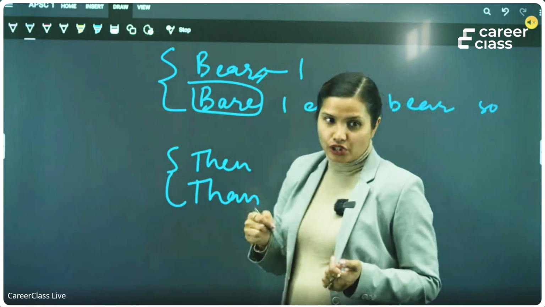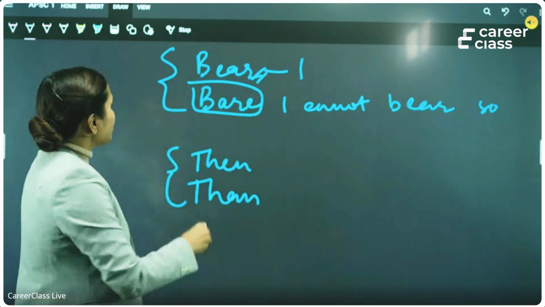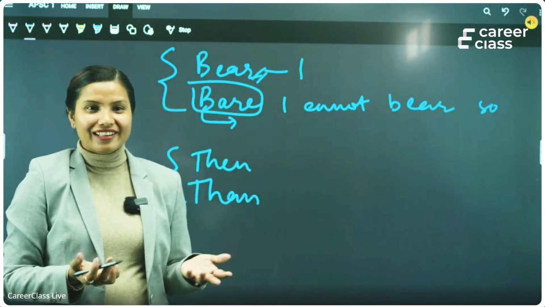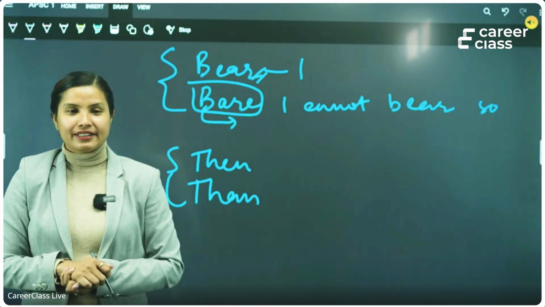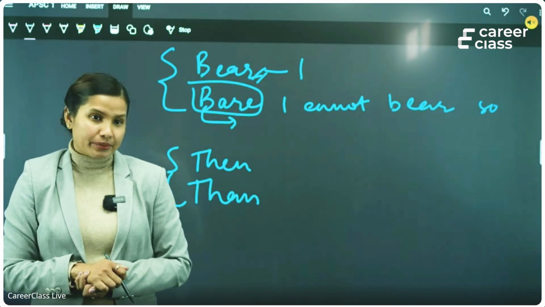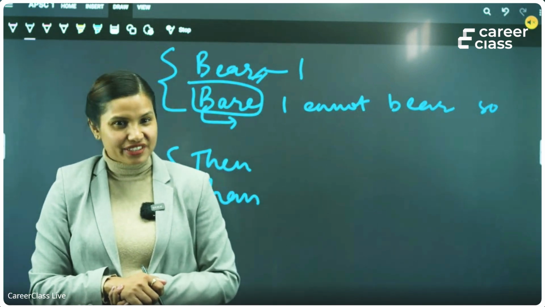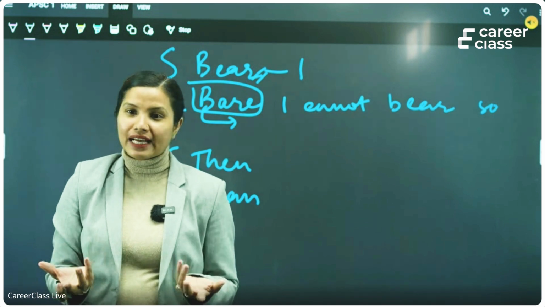Someone's torture or someone torturing me. Okay, what about bare? Bare means empty. How will you express? I have bare minimum left. I have bare minimum resources left, or money left. Okay, so not bare minimum, empty.